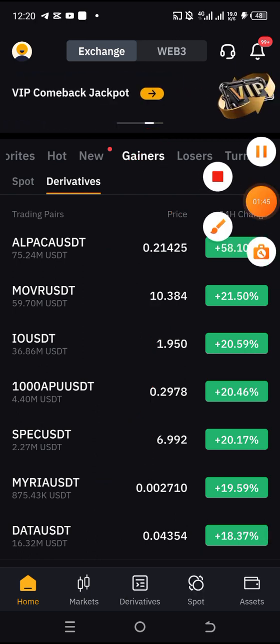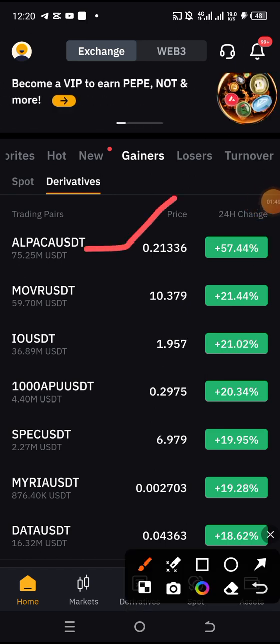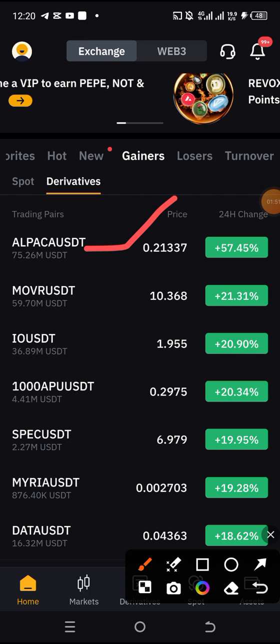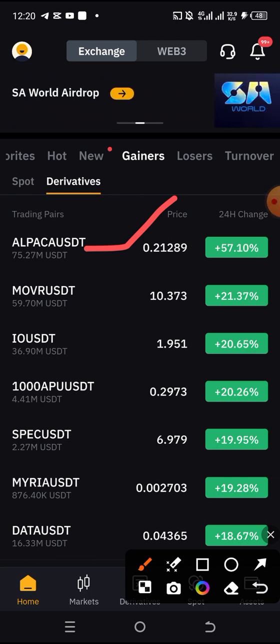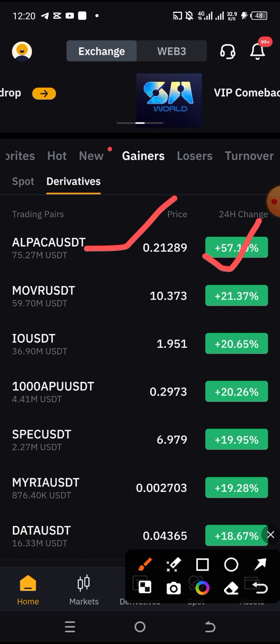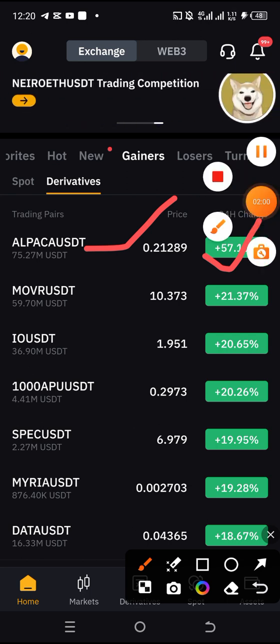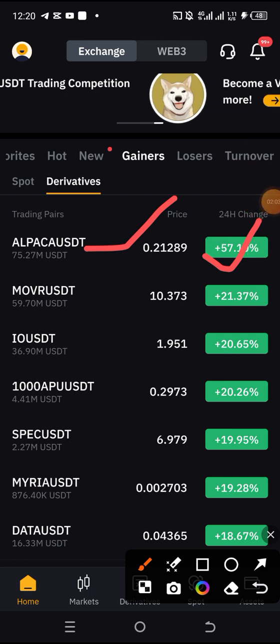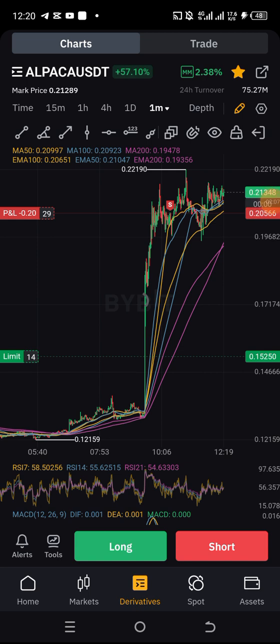Among all of these coins, Alpaca is the highest gainer at the moment. As at the time I'm doing this video, it has a 57+% increase. What does this actually mean? The meaning of this is that Alpaca is actually doing very well.